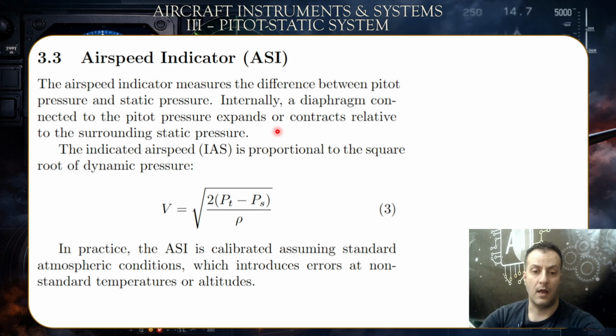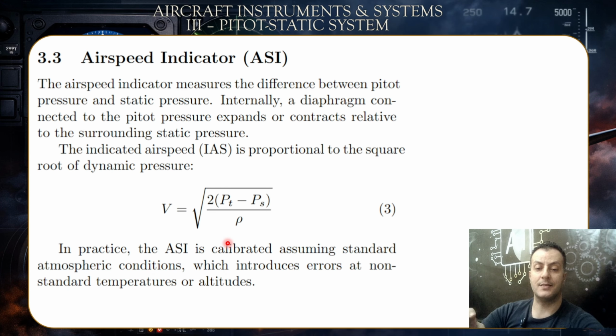Now, the indicated airspeed, IAS, is proportional to the square root of the dynamic pressure, correct? So this is basically V equals the square root of 2 times (PT minus PS) divided by rho, correct?